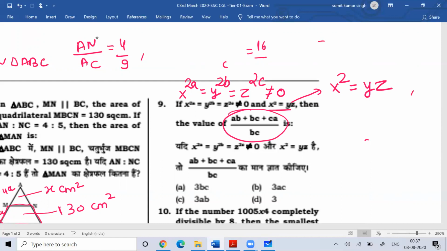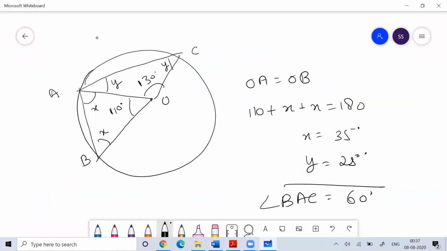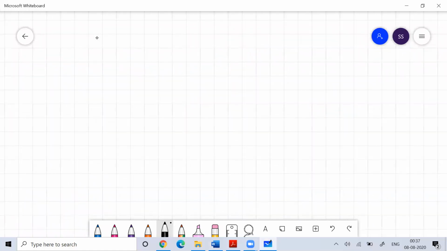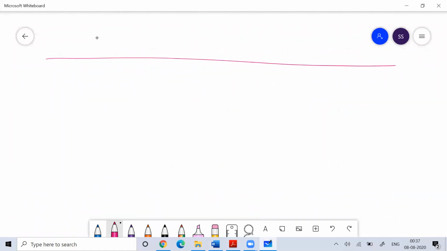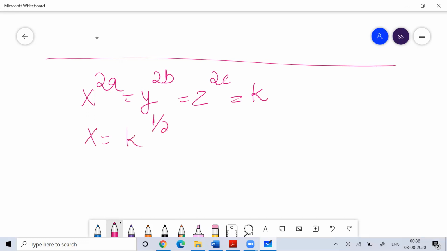So if x to the power 2a is equal to y to the power 2b is equal to z to the power 2c, that is not equal to 0, suppose it is equal to k. So x is equal to k to the power 1 by 2a, y is equal to k to the power 1 by 2b, and z is equal to k to the power 1 by 2c.